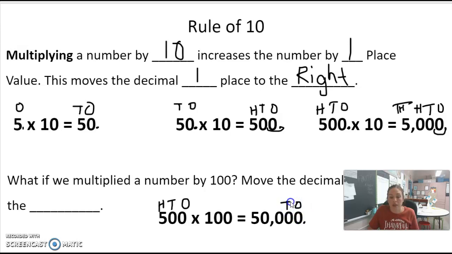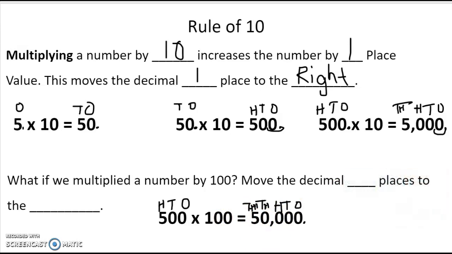Ones, tens, hundreds, thousands, 10,000. How many places did it move? That's 10,000, by the way. How many place values did the 5 move? Well, it started in the hundreds, and it moved 1, 2. It moved 2 place values.